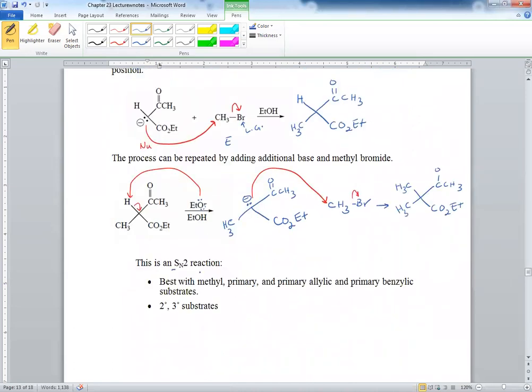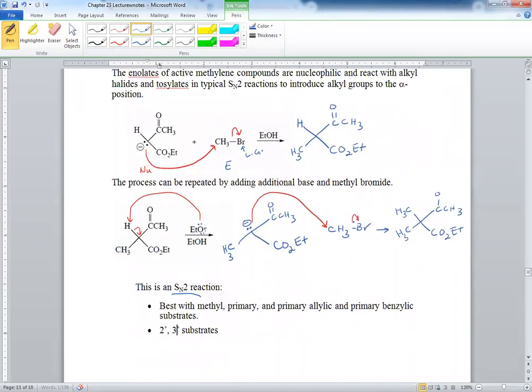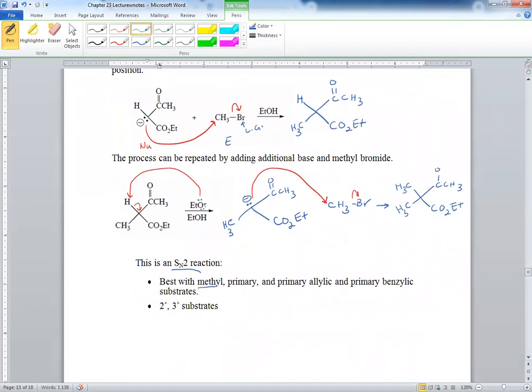Again, this is an SN2 reaction. We have a leaving group. We have substitution taking place. The best way is to have methyl or primary. So this is a methyl. You can have primary allylic, primary benzylic substrates, as we discussed, like these.